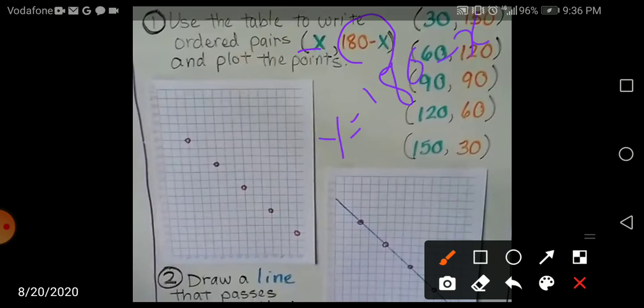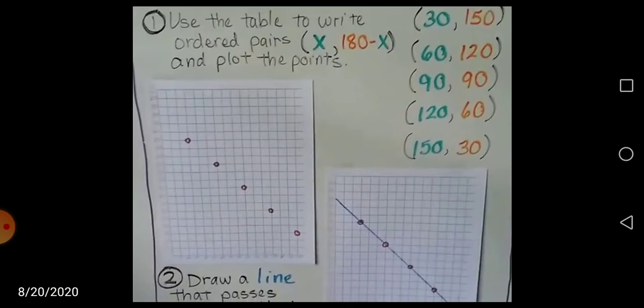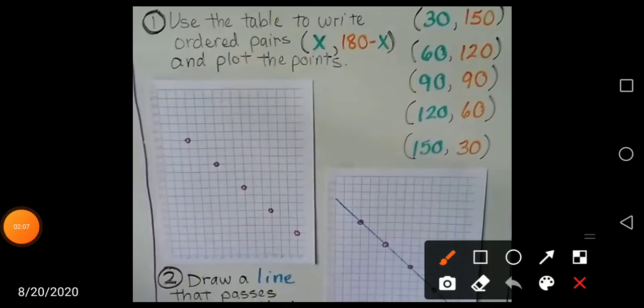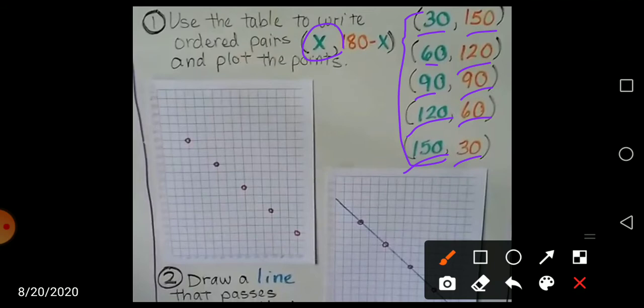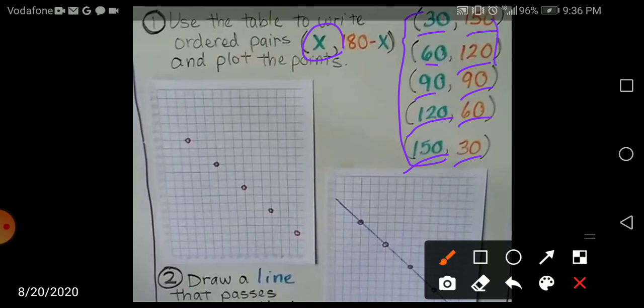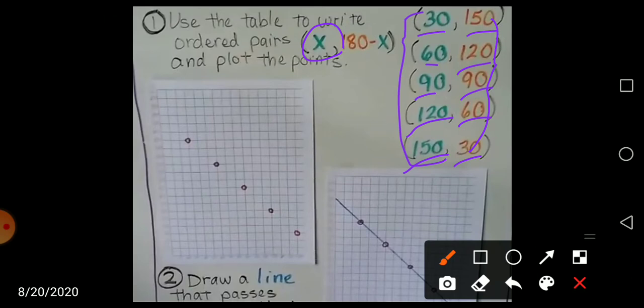So I have here the ordered pairs: 30 and 150, 60 and 120, 90 and 90, 120 and 60, 150 and 30. These x numbers are already given, and I have solved the y values.